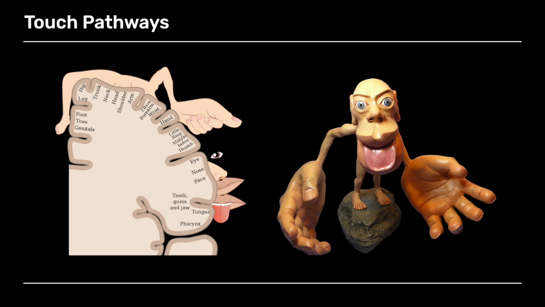So the mapping onto the brain, the area of the brain that responds and is sensitive to those different regions, is a function of the density of the sensory receptors, and that in turn is a function of the sensory acuity that we have. Note that because the pathways cross over at the level of the brainstem, the left-hand side of the cortex receives information from the right-hand part of the body and vice versa.